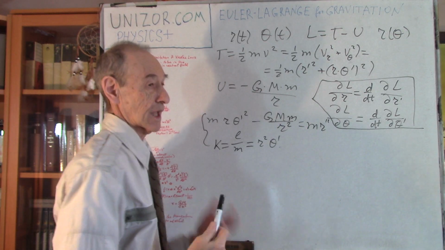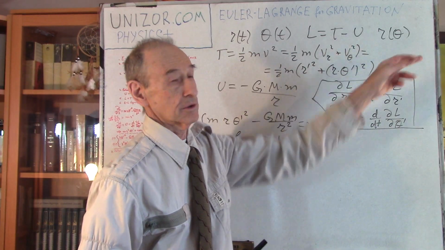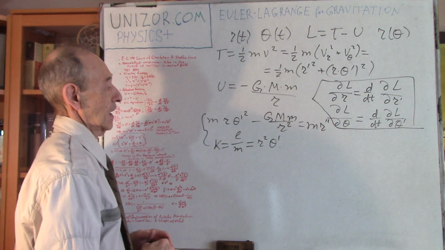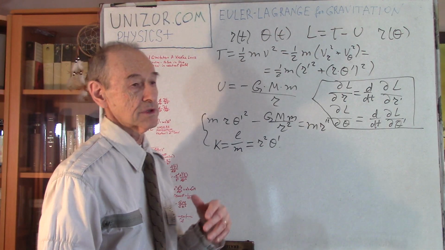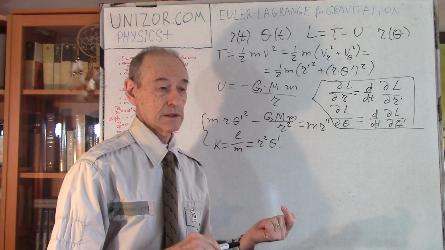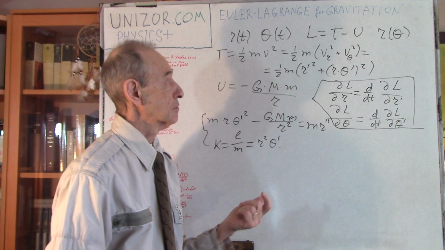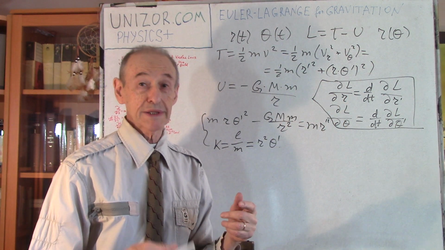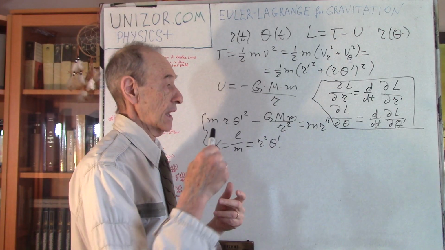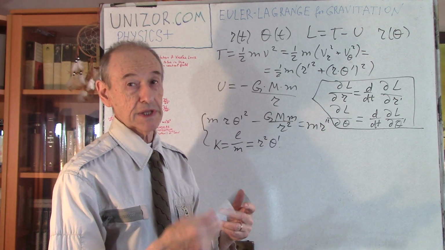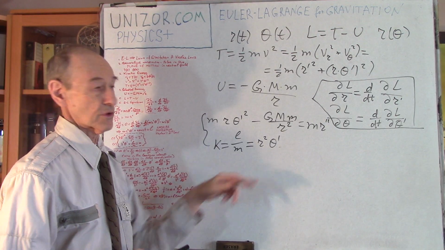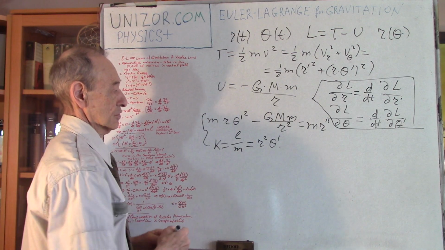Again, that will not help us to have the function r of theta. So we need to do some kind of tricks here. And the trick is to convert the derivative by time of r into a derivative by theta, and the derivative of theta by time, which we again know how to express as a function of r.